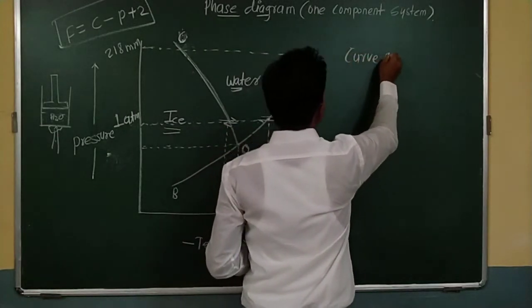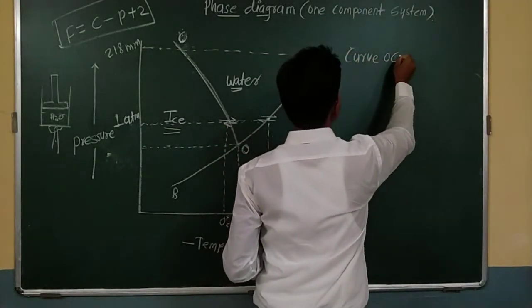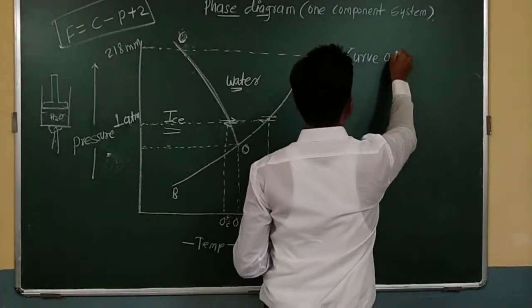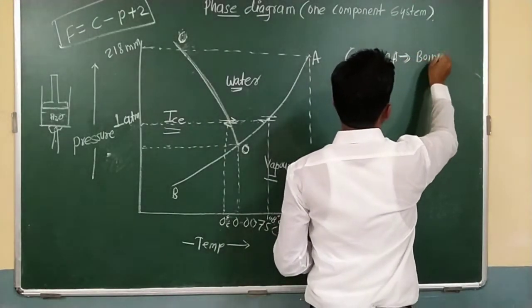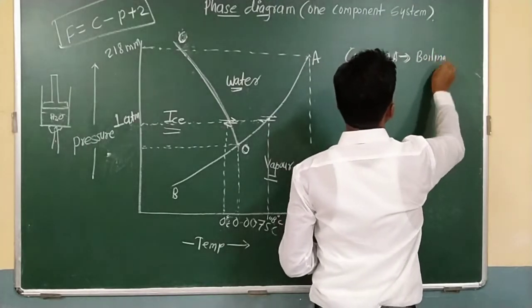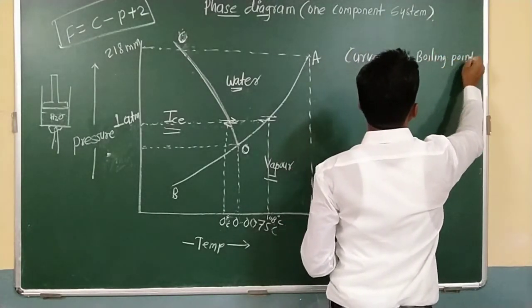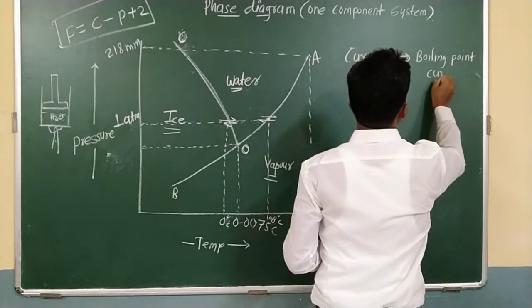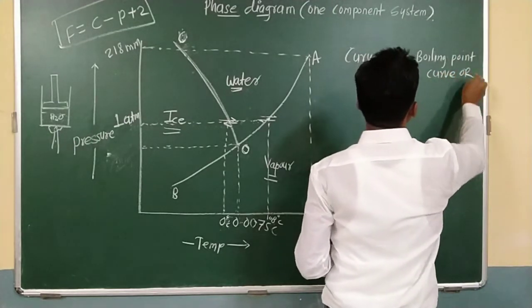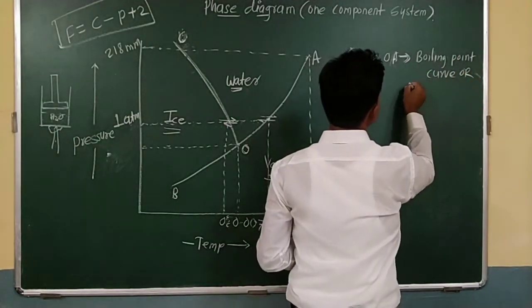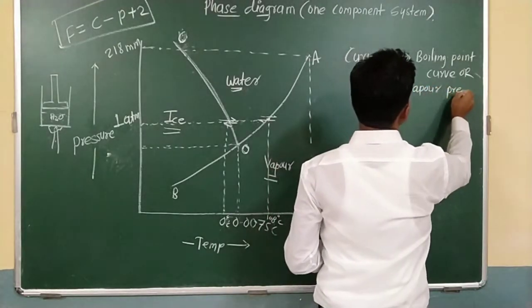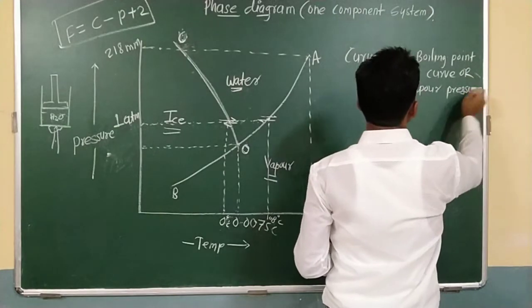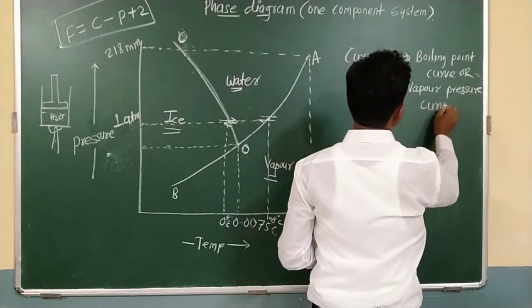Curve O to A. This curve is also known as the boiling point curve, or we can say this is the vapor pressure curve.